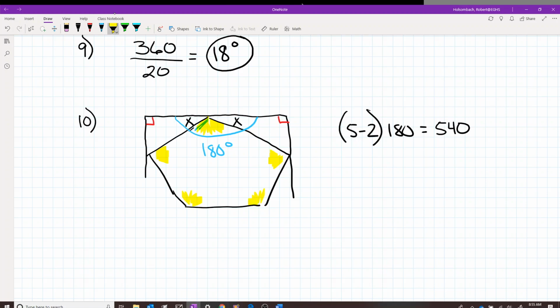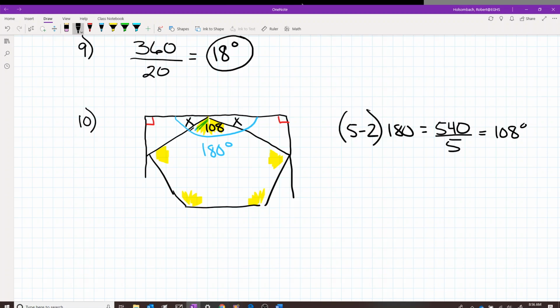Since it's a regular pentagon, they're all the same. So if you take your 540 and divide it by 5, it's going to tell you what each angle in the pentagon measures. So 540 divided by 5 is 108. So each of these yellow angles is 108 degrees.